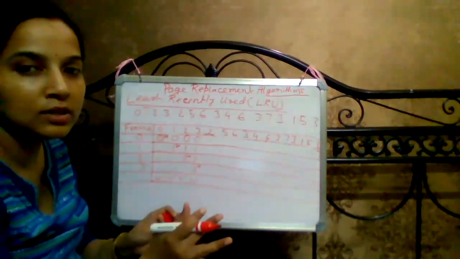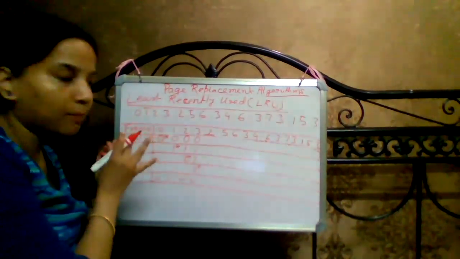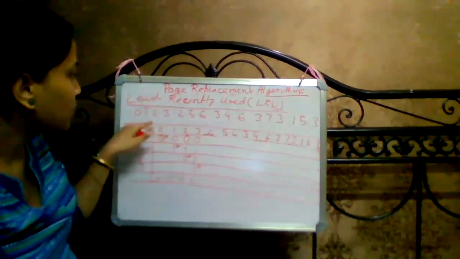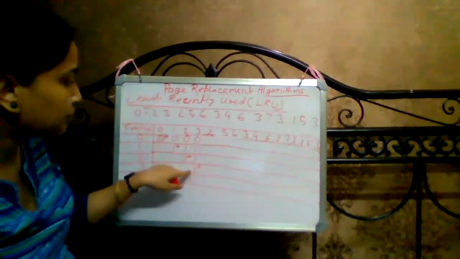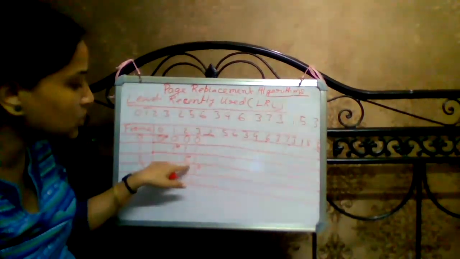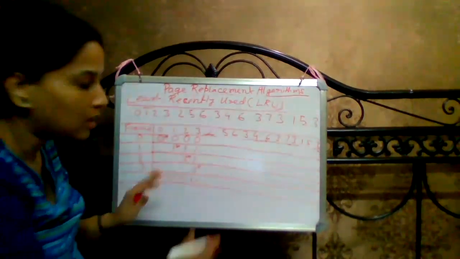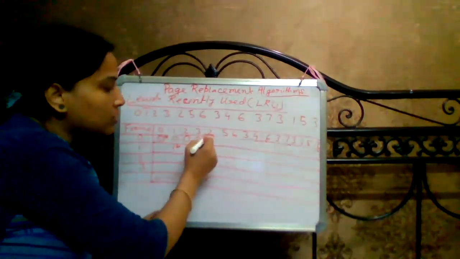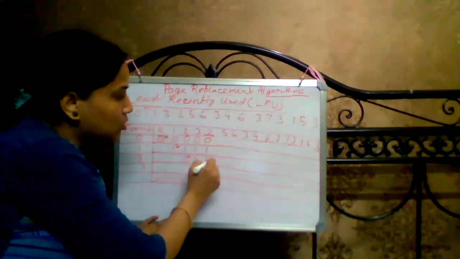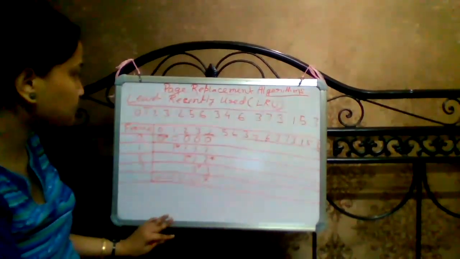So we'll look at the past. When 2 is required in the string, 2 is already there, so no page fault occurs and no swapping is required.